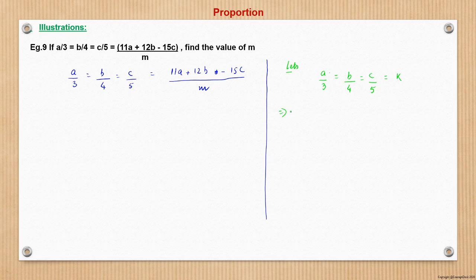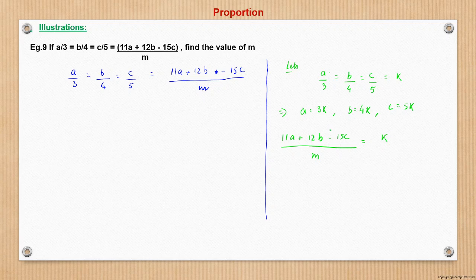So here we can say that a by 3 is equal to k, so a is equal to 3k, b by 4 is equal to k, so b is equal to 4k, and c is equal to 5k, right? Now substituting this value of a, b, c in the required expression, (11a plus 12b minus 15c) upon m is equal to k. This is the original equation, right?